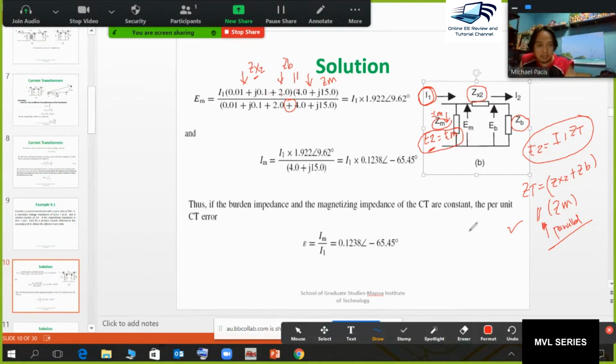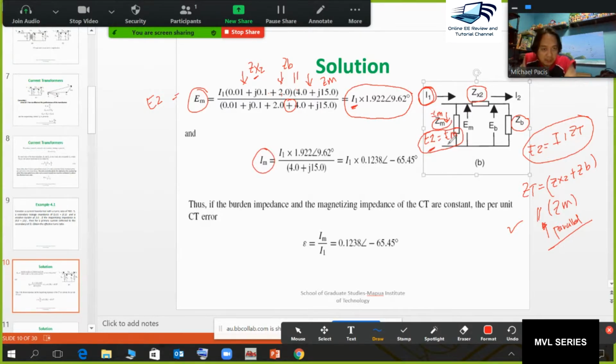So the I1 here is 1.92 at 9.62 degrees. Now this is in terms of I1 because the problem is in terms of I1. Okay, let us move forward. Now, this is your EM, which is equal to your E2. How can you get IM?